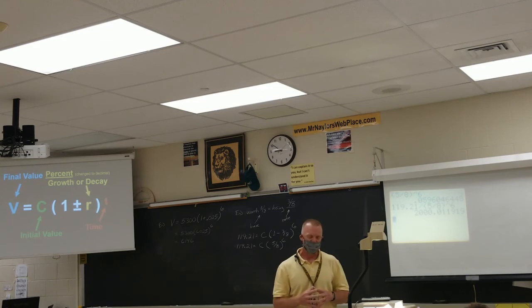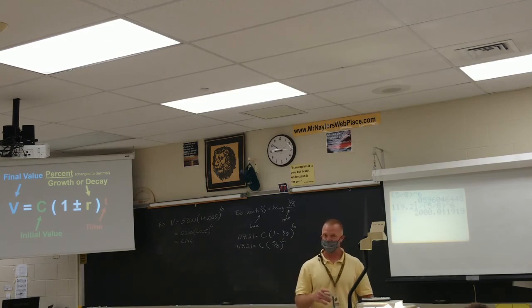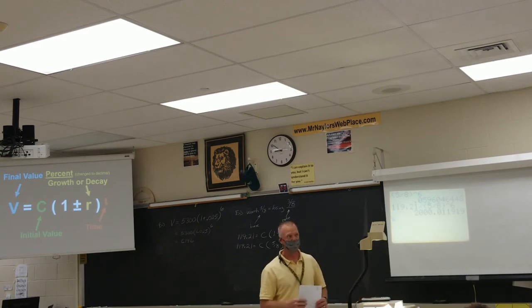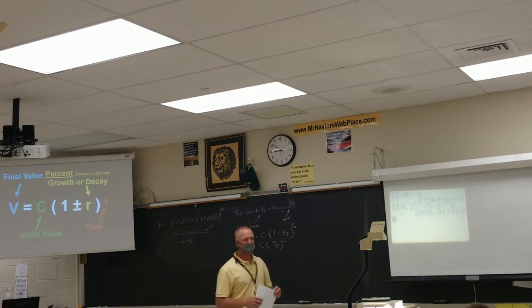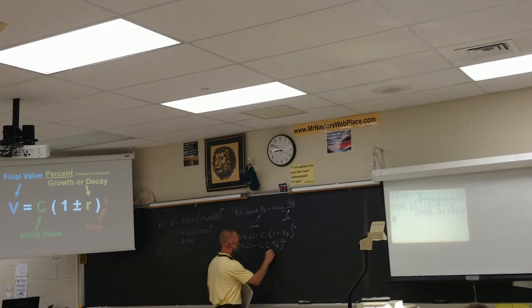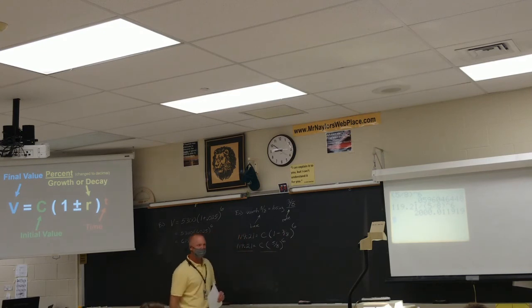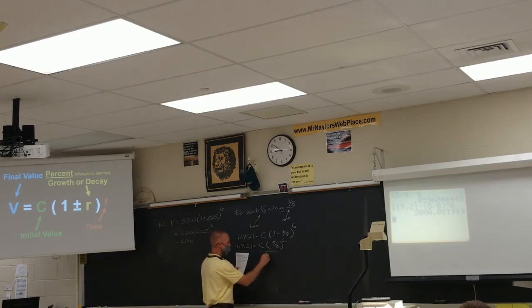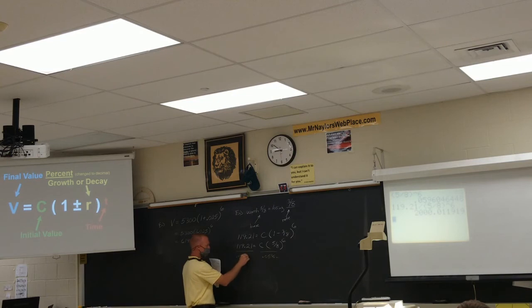You don't want to round the decimals too soon because it can really affect your final answer. Make sure you know your calculator. Again, we're just dividing both sides by that decimal, but I'm trying not to round it. And you end up with 2,000.